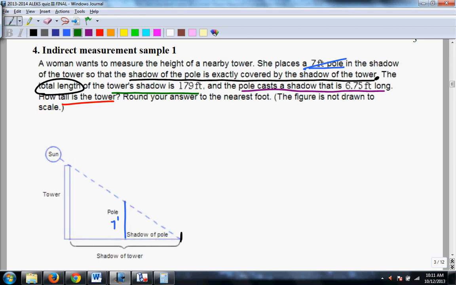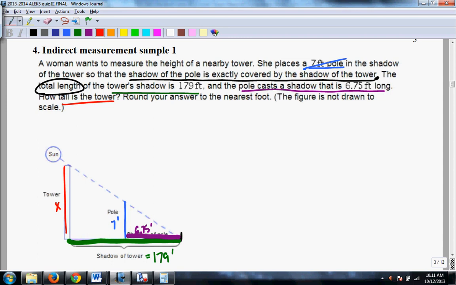So from here to here is 179 feet, total length. And the pole casts a shadow which is 6.75 feet. And we want to find the height here.